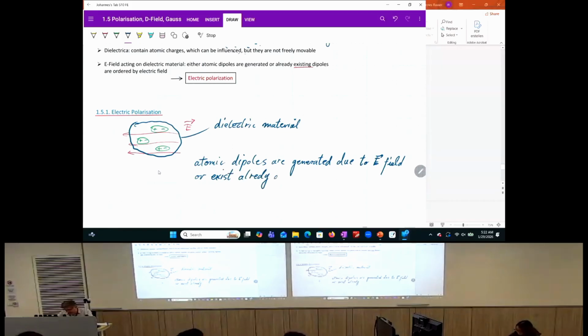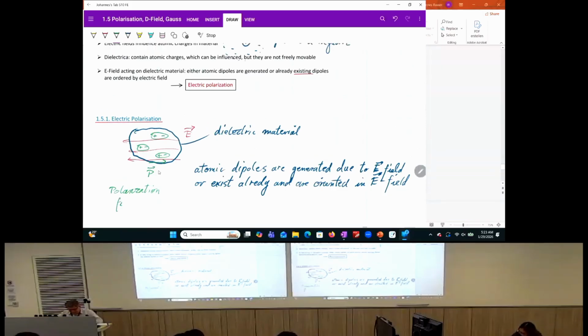But then, in the presence of the E field, they are oriented. So what you obtain here is polarization of the material, and you see the polarization counteracts the electric field. So you have a polarization field. This is kind of like a secondary electric field, or a contribution to the electric field, due to the orientation of these molecules or atoms.